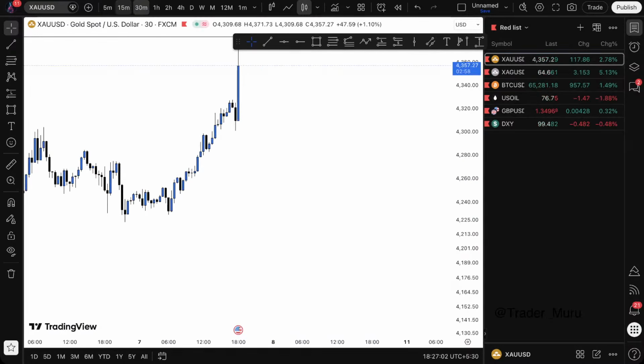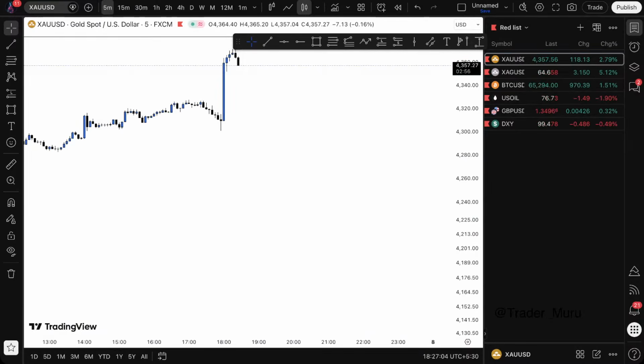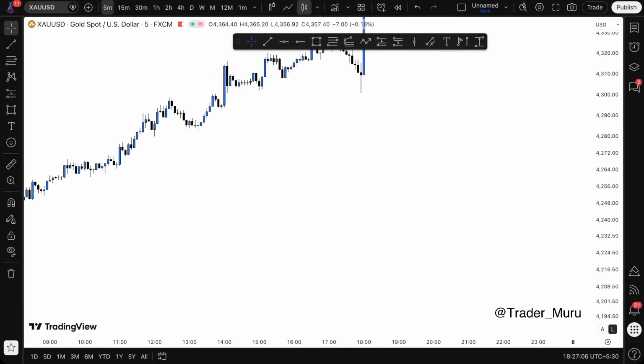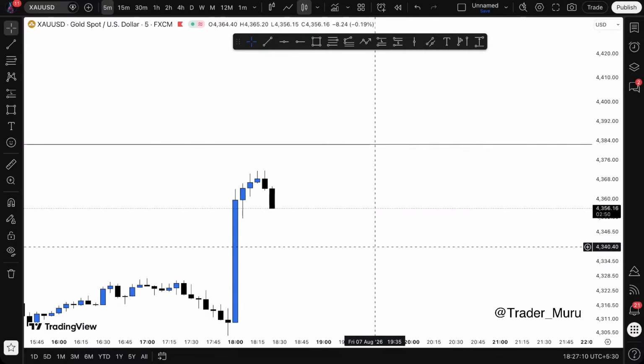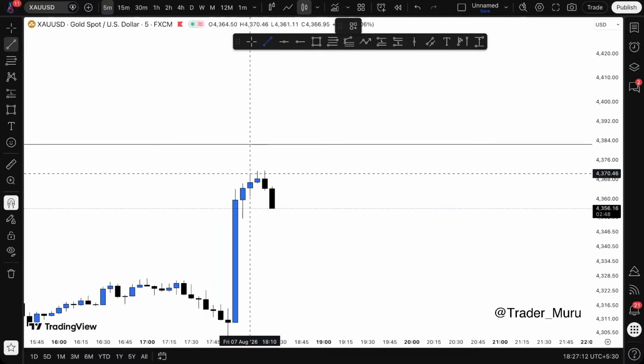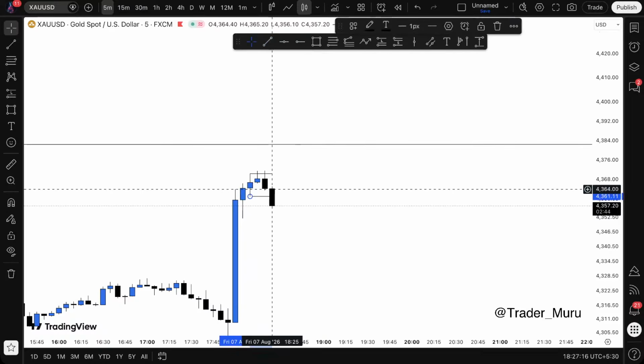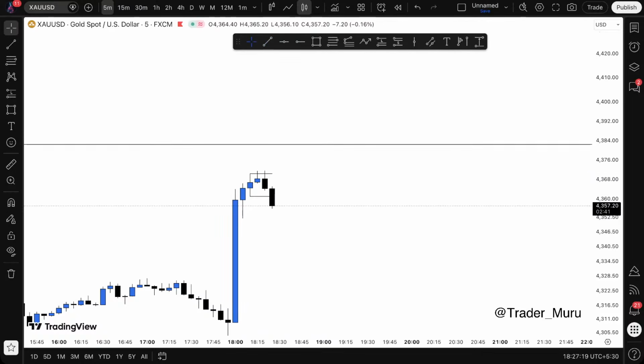Okay, gold is retracing to our 5-minute area, break or not, let's see. Okay, we are getting a sweep, we need a close below.